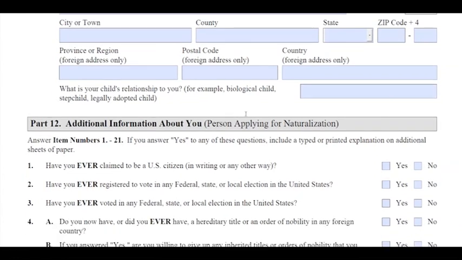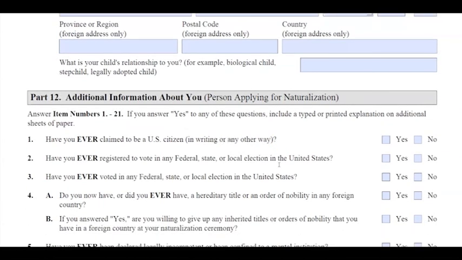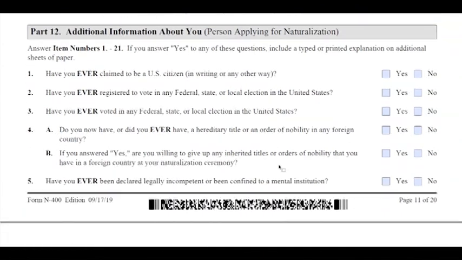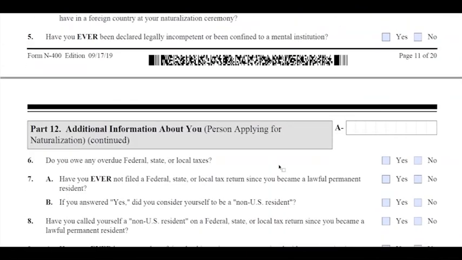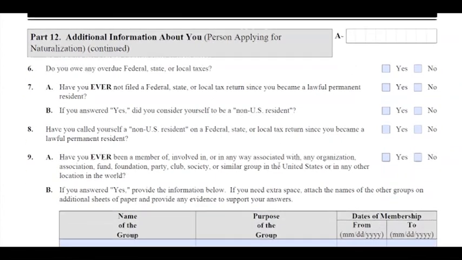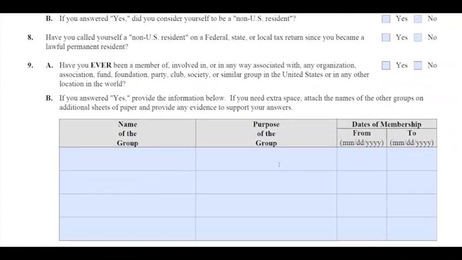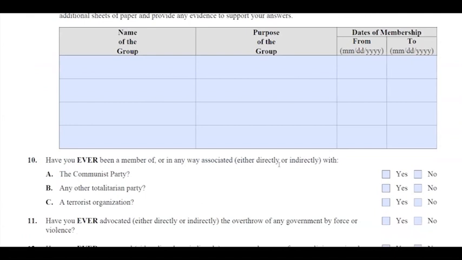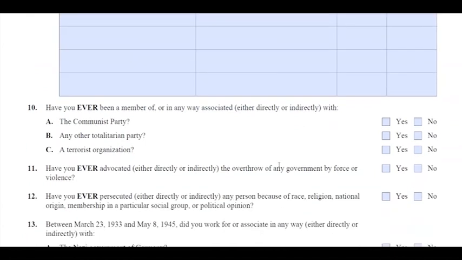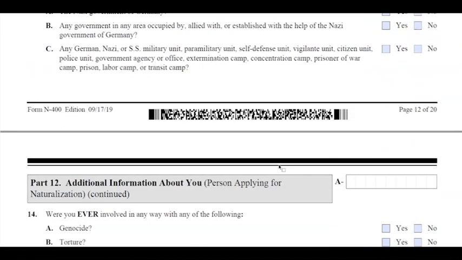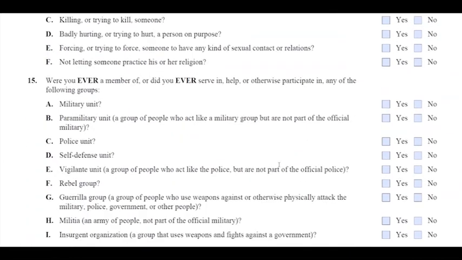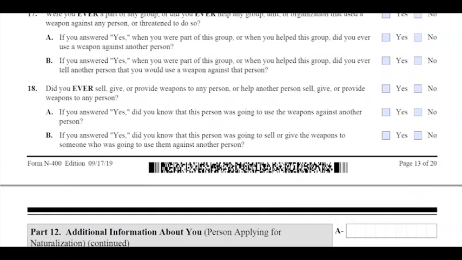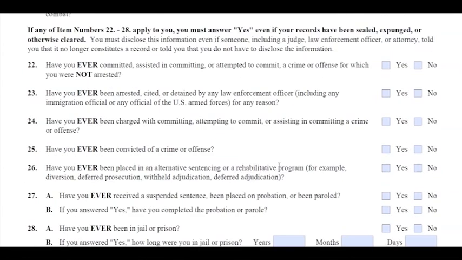Part number 12 is additional information about you. Please make sure that you are truthful with all of these responses. Make sure that you are as honest as possible so that immigration can actually have a good feeling for who you are. And here you have a whole bunch of questions that must be answered, and they want you to answer them truthfully.